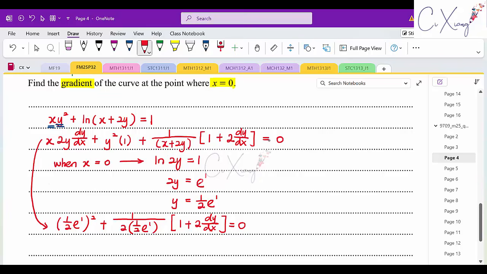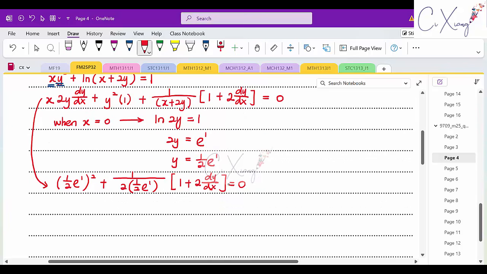The differentiation technique that we did just now is actually the implicit differentiation. Now you can see that I'm getting this equation here. I just need to slowly rephrase my equation and simplify it, and eventually I will get the value for dy dx. So I try to write it out first. I'm having 1 over 4 e power 2, because for the 2 here you have to square the number, and you also have to square the e, e power 1.